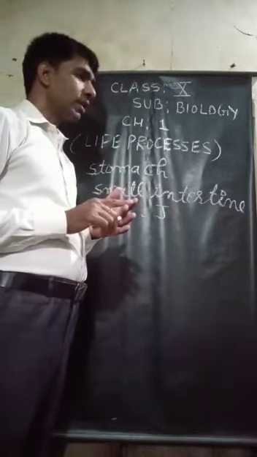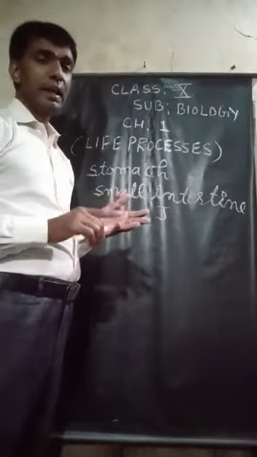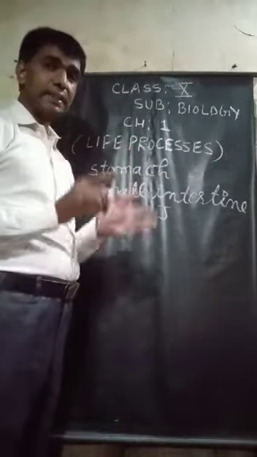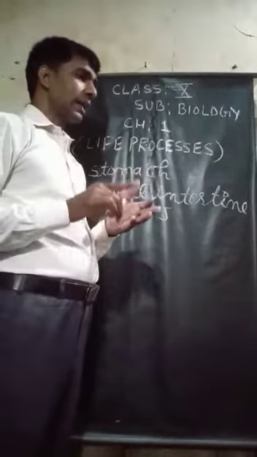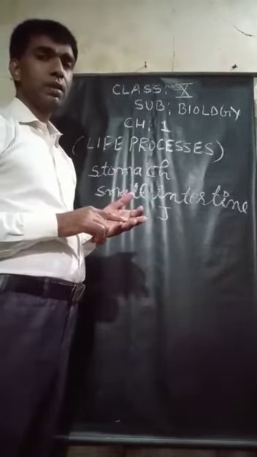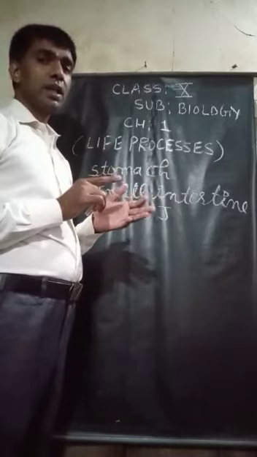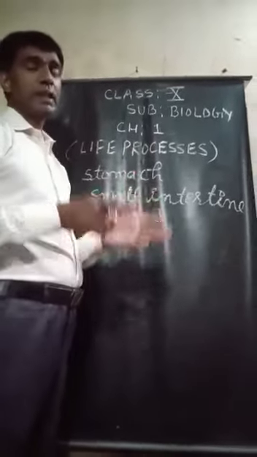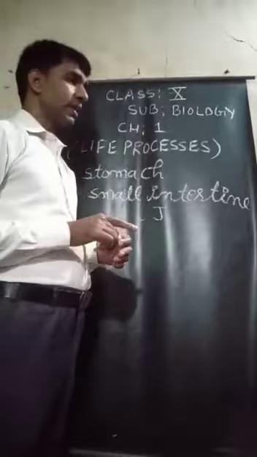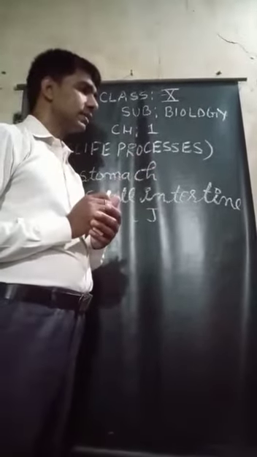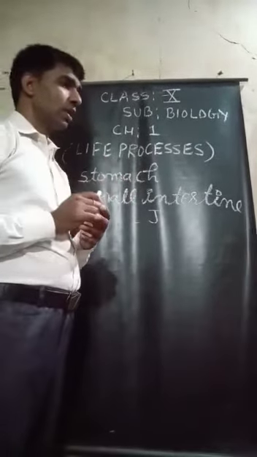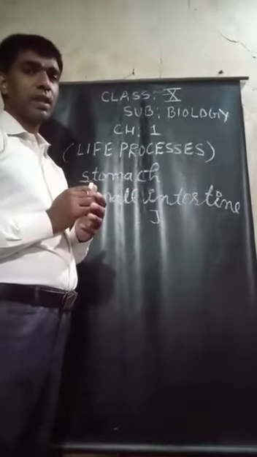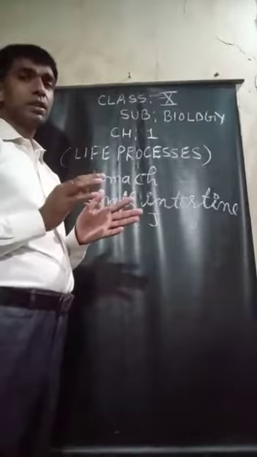At the junction between the stomach and small intestine, at the point where the stomach ends and the small intestine starts, the pyloric sphincter is present, which is formed by circular muscles.